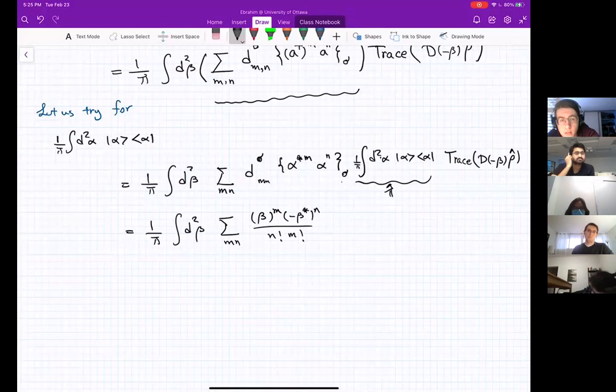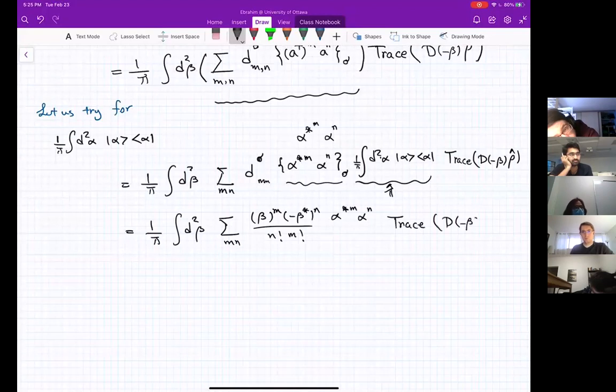So essentially that results in the same way. So it is alpha star power of m, alpha power of n. Then we do have the trace of D minus beta operator of rho.